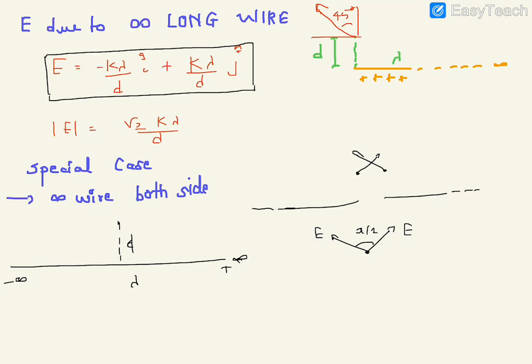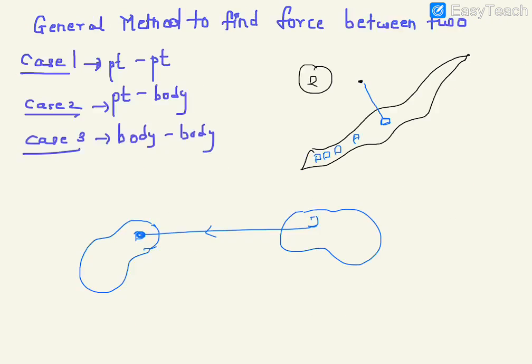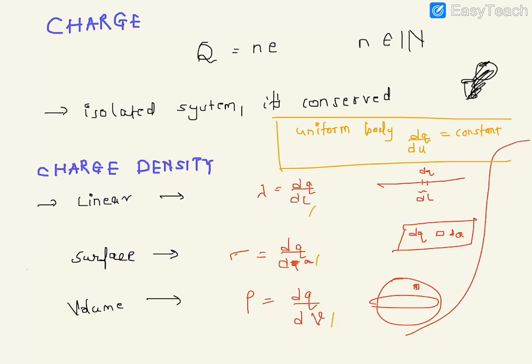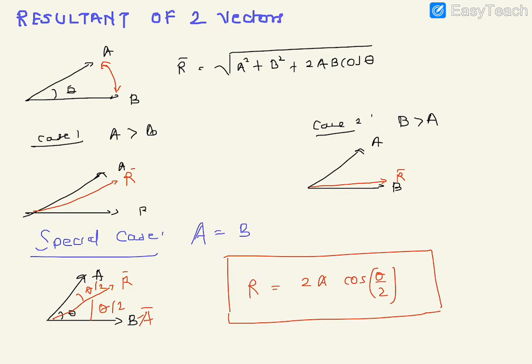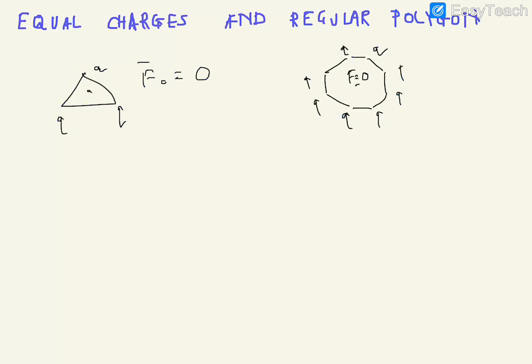Now I will go back to the first page, wherein we learned this. If I have two vectors, their resultant will be on their bisector with angle theta by 2.